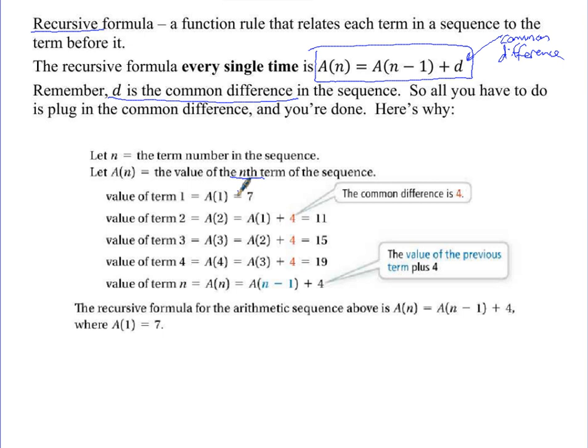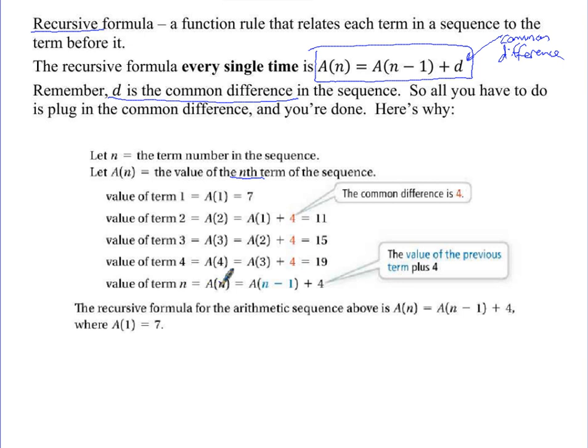Then the value of term 2, A of 2, equals A of 1, since 2 minus 1 is 1, plus 4, which is the common difference, then I get 11. Then the value of term 3, a of 3, is equal to a of 2, which was 11, plus 4, which is 15. Then a of 4 is equal to a of 3, which was 15, plus 4, which is 19.